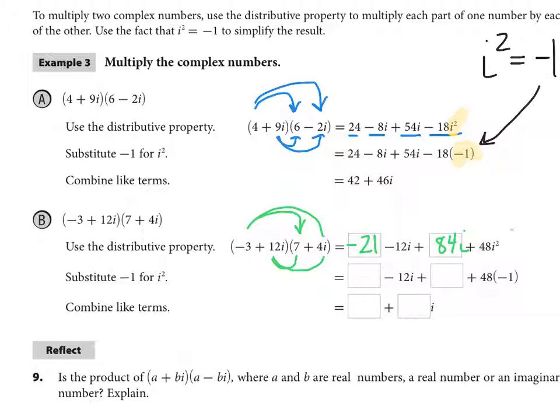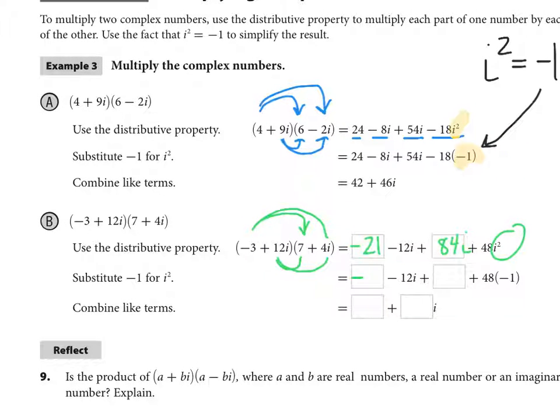Let's go ahead and change that i squared at the end to a negative 1. So I'm just going to bring down these numbers, negative 21, 84i, and here we get 48 times negative 1. So combine like terms, we get a negative 69, just negative 69. And then inside we have some like terms that we can add together, and we get 72i.